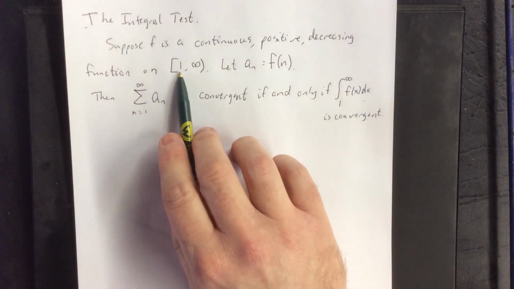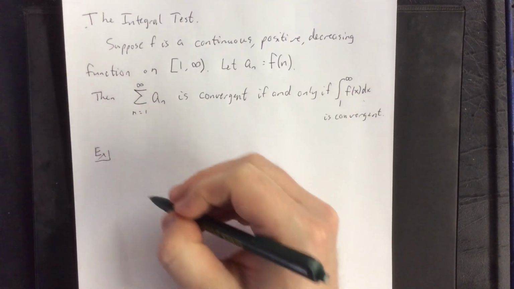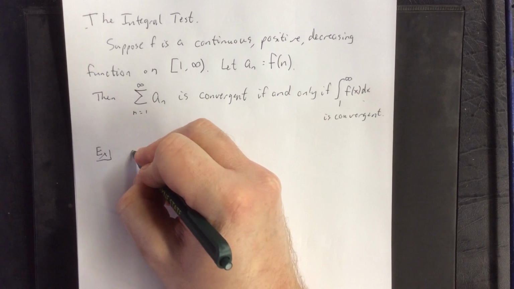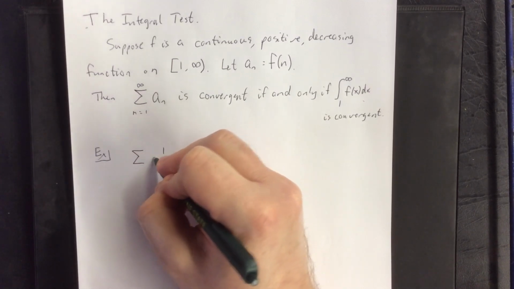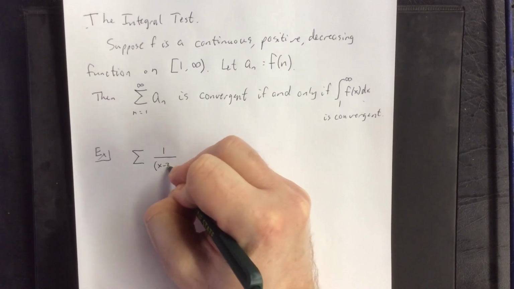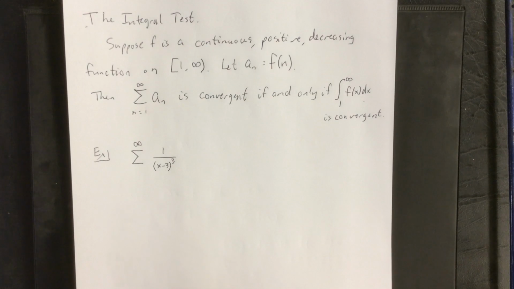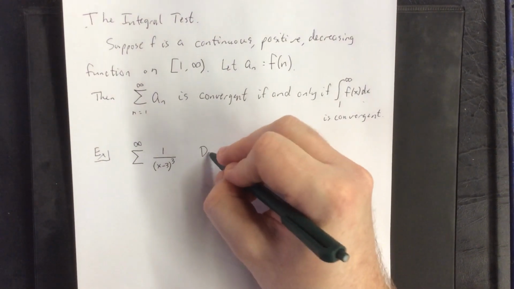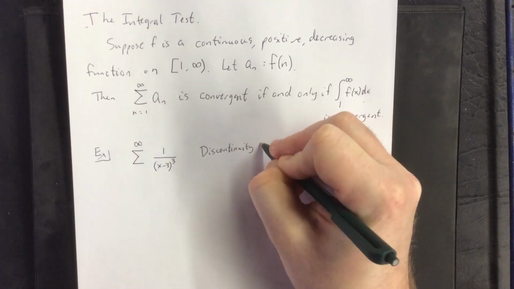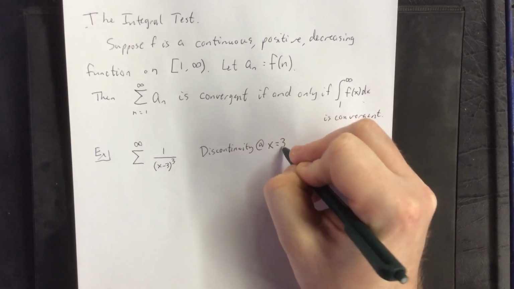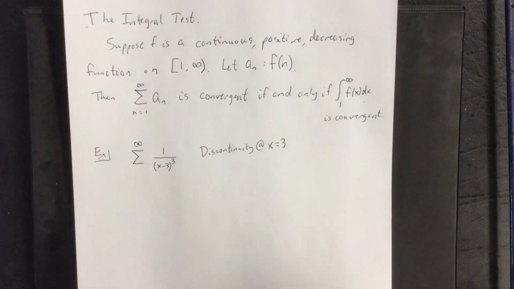Now, in the event that you don't have something like this, for example, if I wanted to talk about the series of 1 over x minus 3 quantity cubed, this has a discontinuity at x equals 3. As a result, it's definitely not continuous on the interval from 1 to infinity.